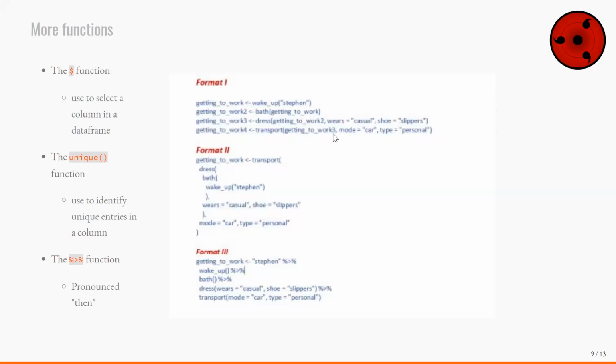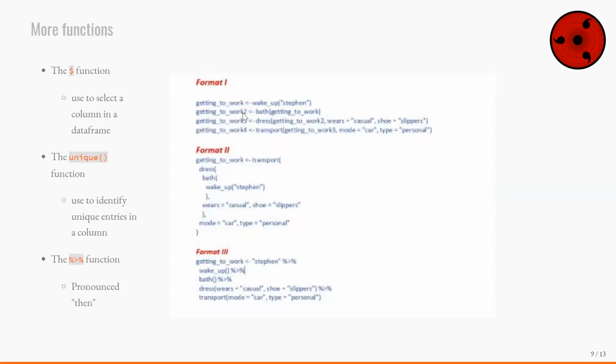So let's assume this is like a code function. You're putting it together as a code. So the first thing is going to be wake_up(Stephen). I'll have to save that and assign it a name. I'm calling it getting_to_work. So Stephen is awake now. So getting_to_work is equivalent to a Stephen that is awake. And then that Stephen that is awake has to have his bath.